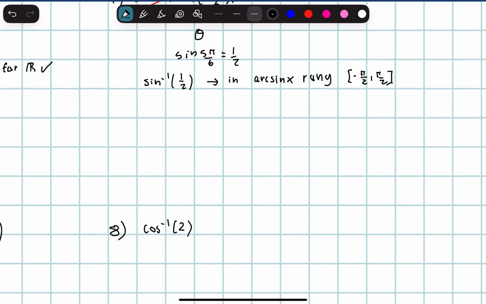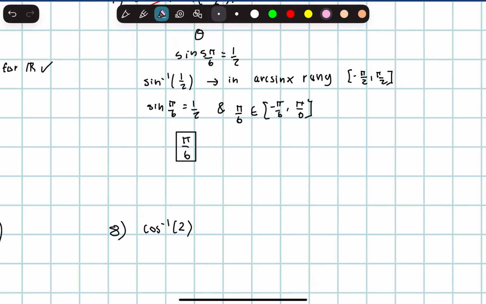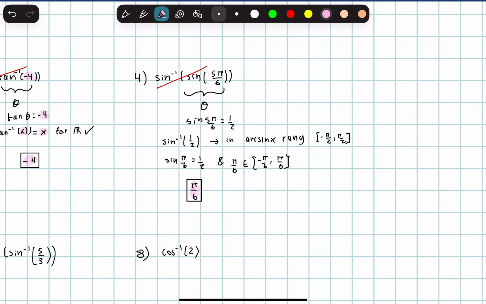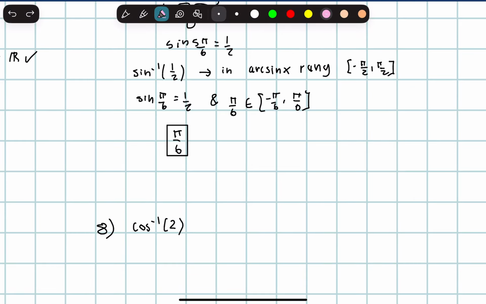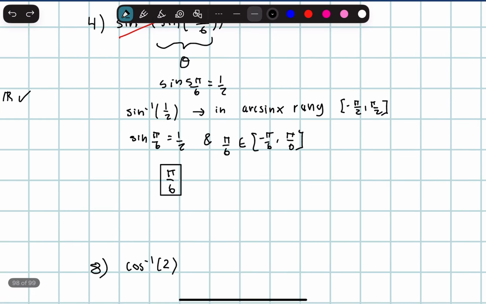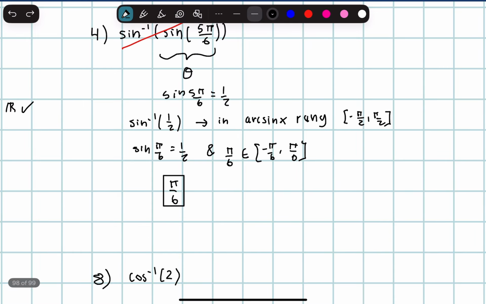And remember that sine of pi over 6 is equal to 1/2, and also that pi over 6 is in negative pi over 2 to pi over 2. So that's correct. It's just pi over 6 again. It's not 5 pi over 6, because that's out of the range.